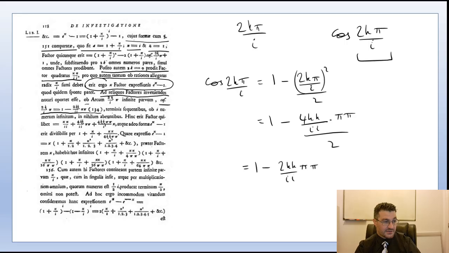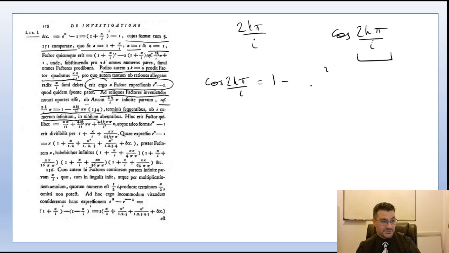And he says the following terms, since I is an infinite number, in nihilum abeuntibus, so they decrease to 0.